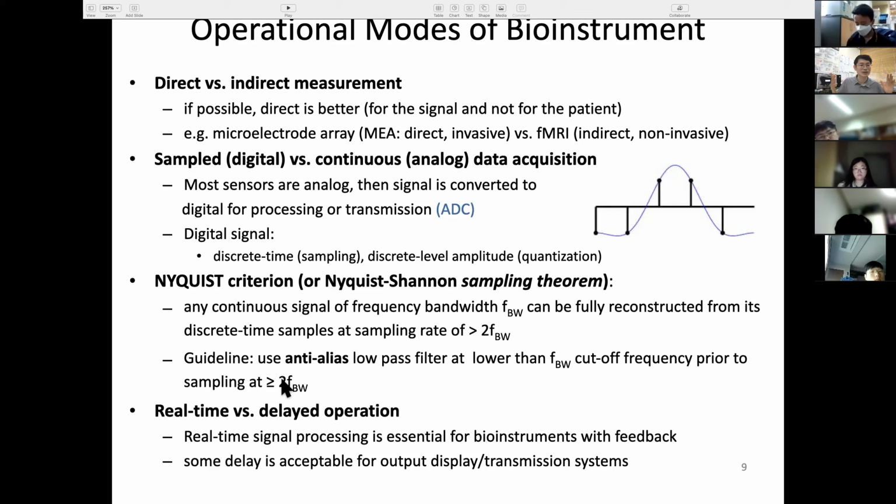But high frequencies are mostly noise, I guess. So then you can precondition the signal by putting in a low-pass filter, which cuts off at a bandwidth of f before you sample at 2 times the bandwidth frequency. This way you can ensure that you are properly sampling the signal.